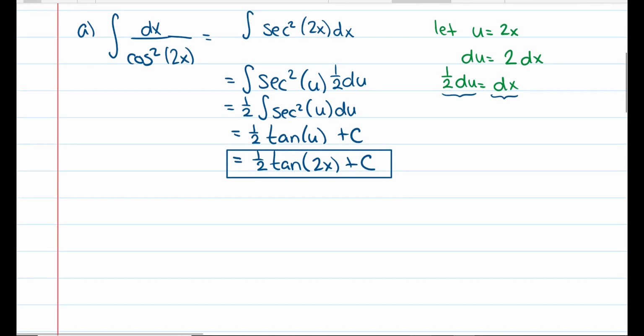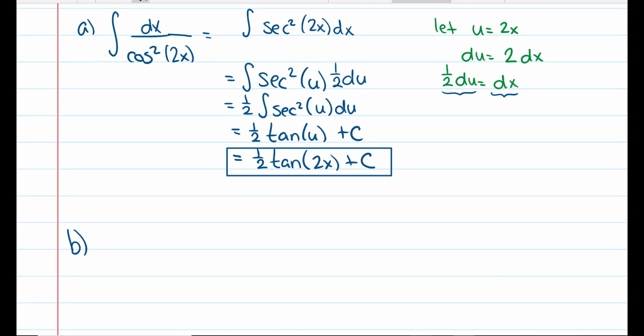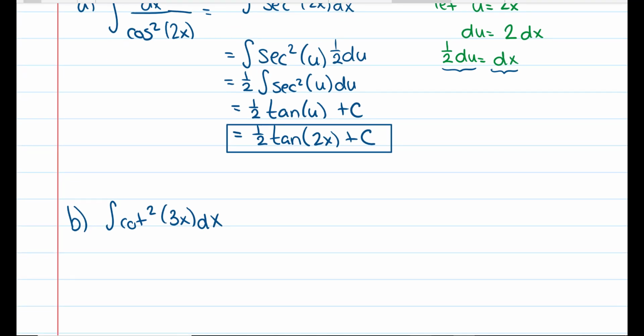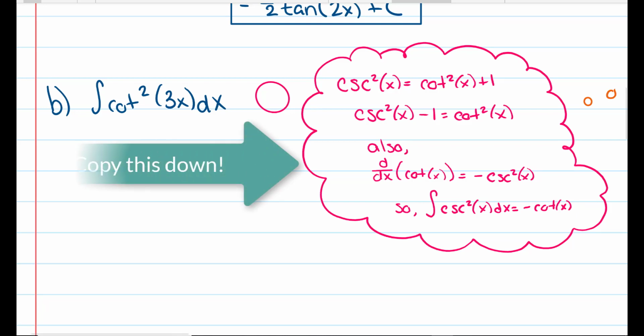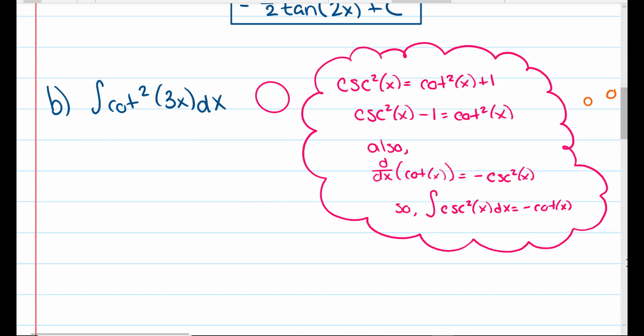Now let's do part B. So part B says we want to integrate cotangent squared of 3x dx. Well, this is where we start running into some problems. And the first problem is that we don't know the integral of cotangent squared.